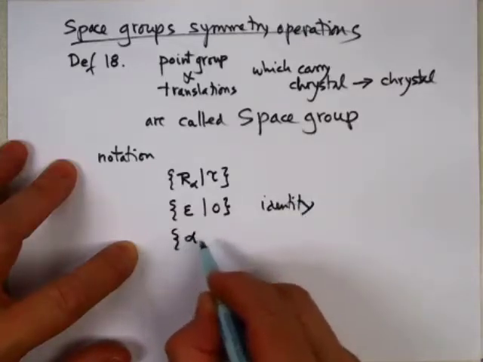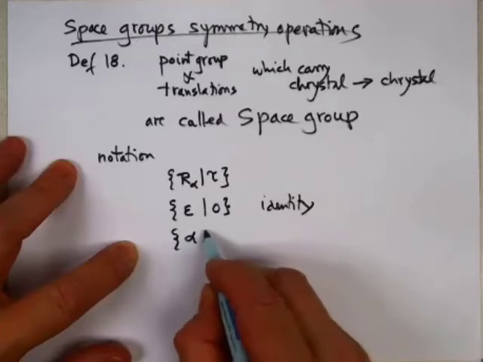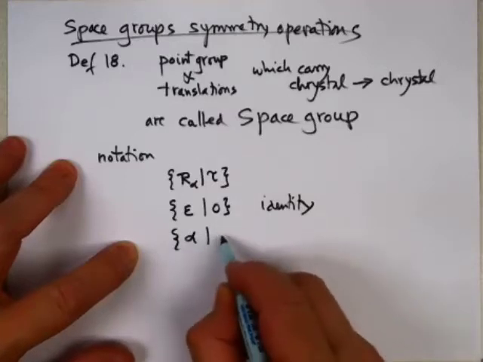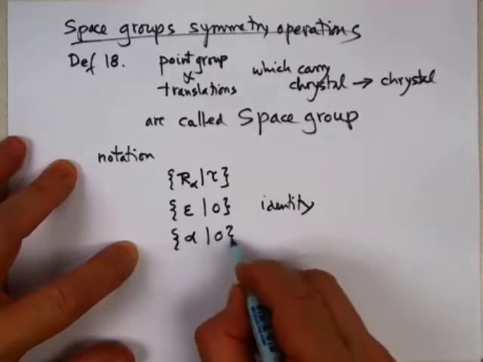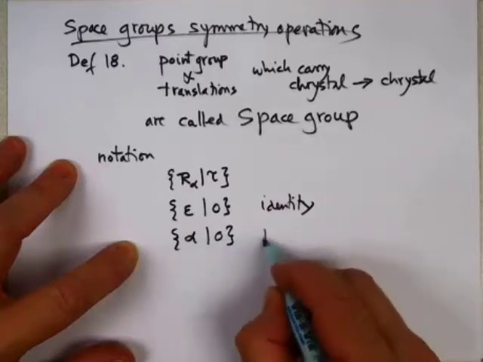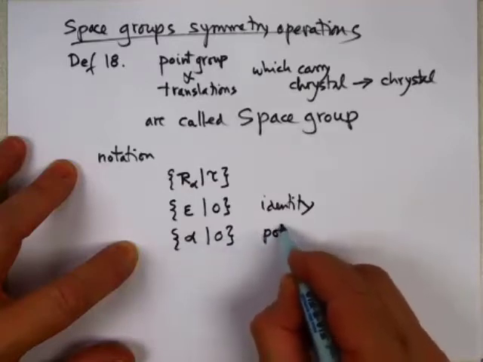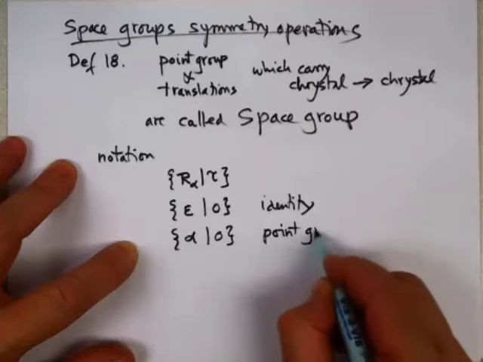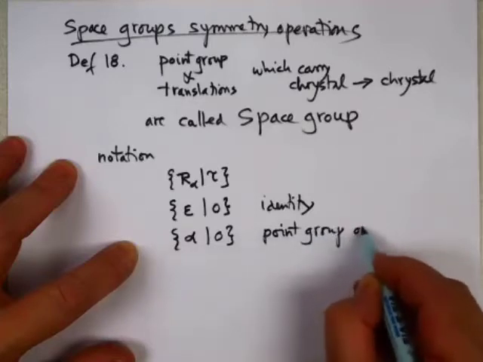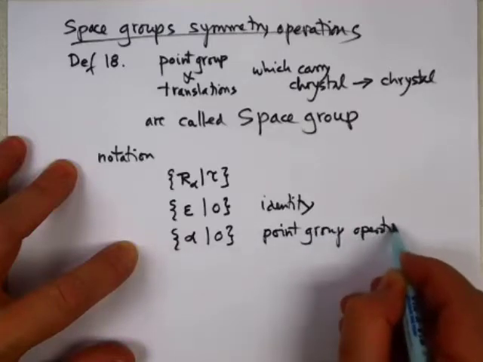If I rotate by alpha but don't move the lattice, that's a finite group. In this case, it's called a point group, specific to crystallography.